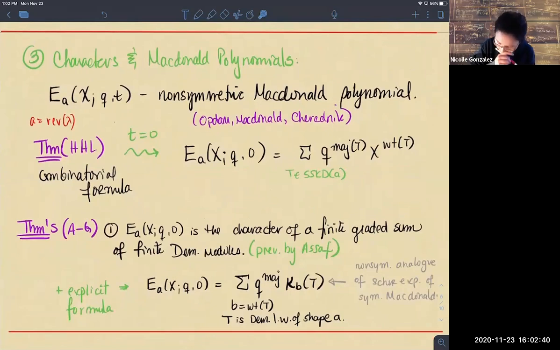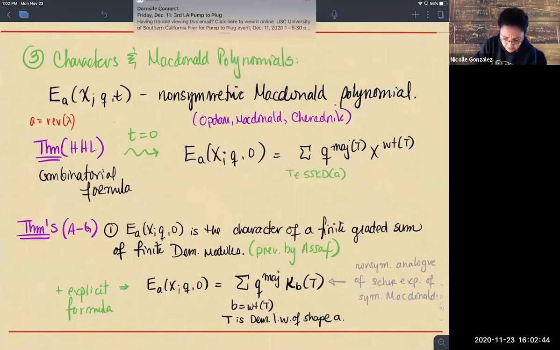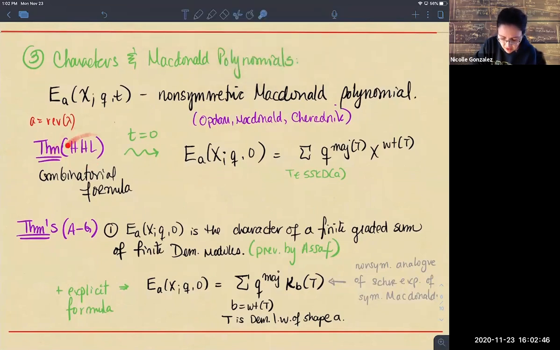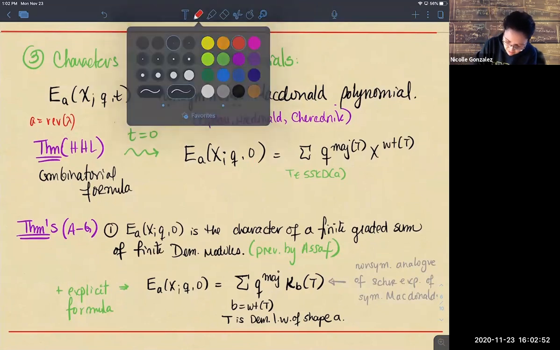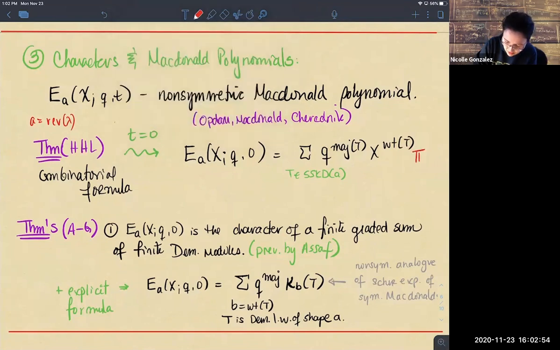The reason for that is that if you look at the original formula by HHL, for t, the part that's missing here, I didn't write it, but I'll just write it right now. If you let this just be t, you get a sum over some sort of rational thing where you have t's and q's here, and you have t's and q's here, or maybe you have only t's on the top.